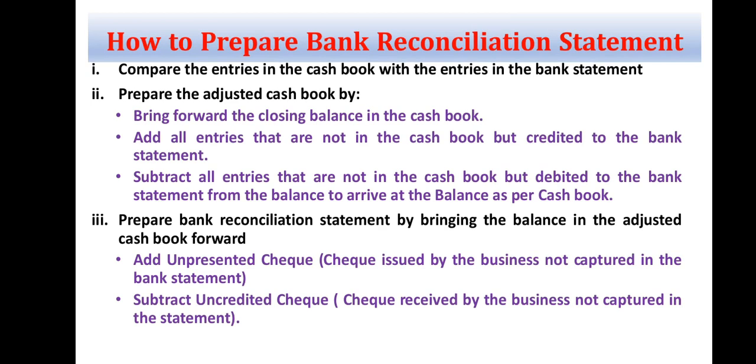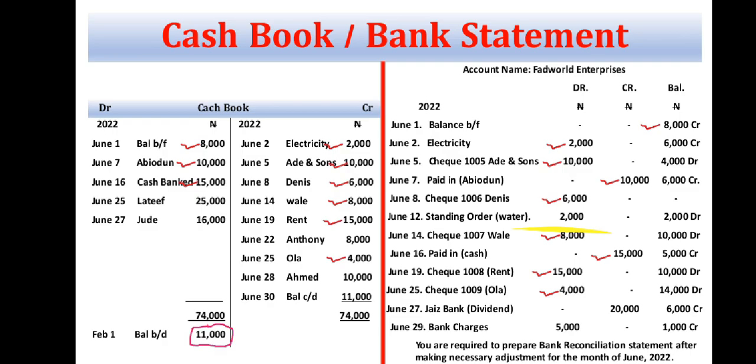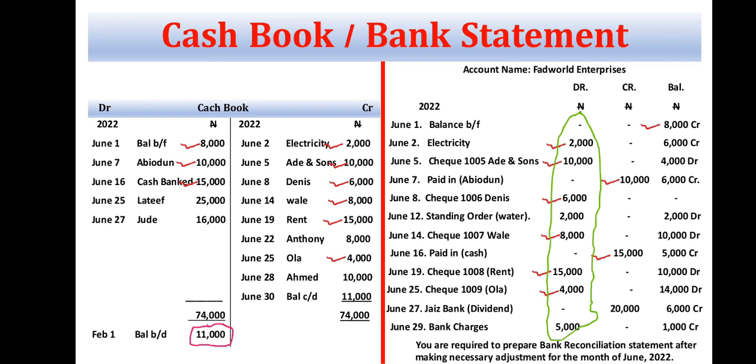Since we don't have any other entry, then we move on to the next step, which is subtract all entries that are not in the cash book but debited to the bank statement from the balance. So this time around, we are talking about all those payments made by bank, but not in the cash book. So each time the bank makes payment on behalf of the business, they debit the account of the business.